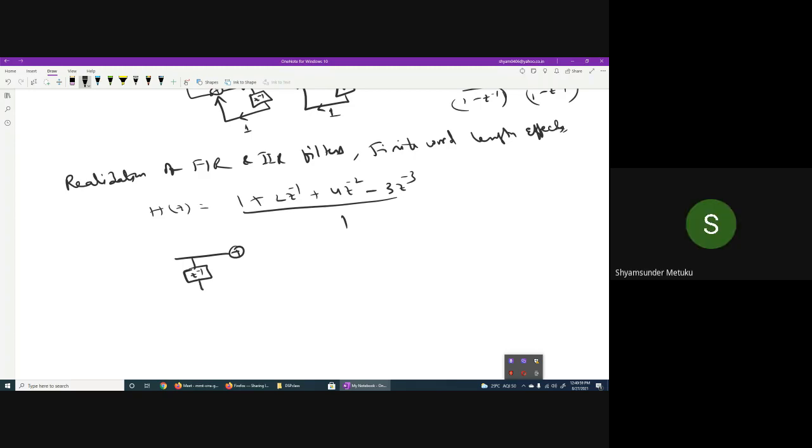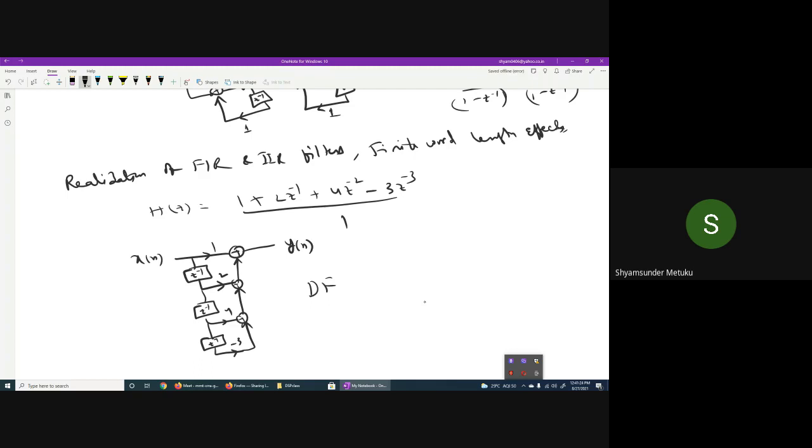Factors, is it not? Minus 3. So what type of realization is it called?